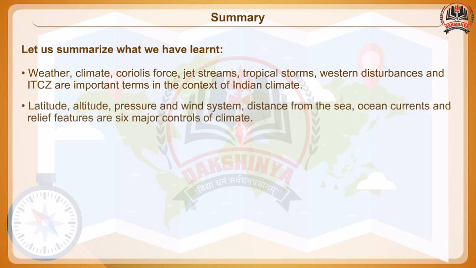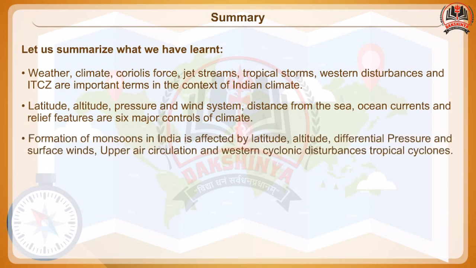Latitude, altitude, pressure and wind system, distance from the sea, ocean currents and relief features are six major controls of climate. Formation of monsoons in India is affected by latitude, altitude, differential pressure and surface winds, upper air circulation and western cyclonic disturbances, tropical cyclones.